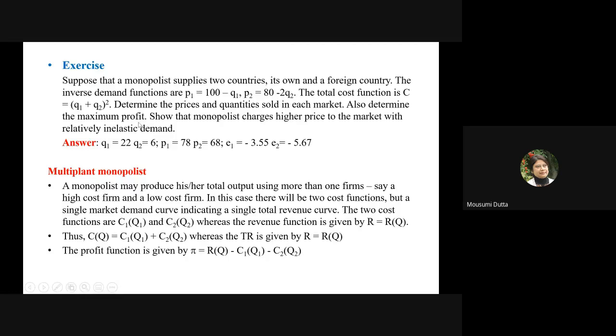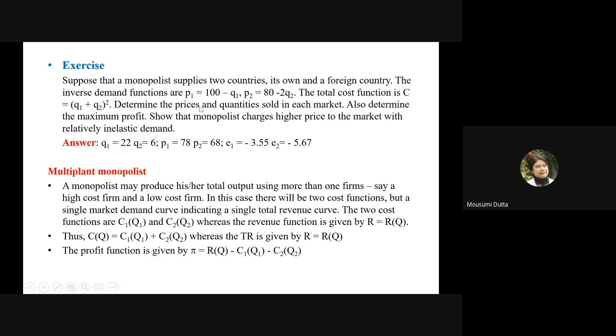Also determine maximum profit. Show that the monopolist charges a higher price in the market with relatively inelastic demand. This part we will do in the next class. But very fast, we will derive Q1 star, Q2 star, and pi star.